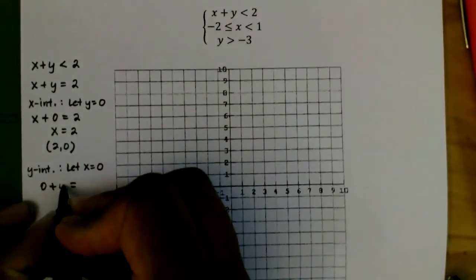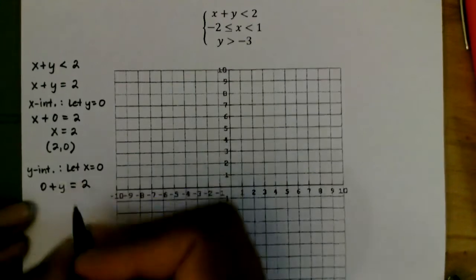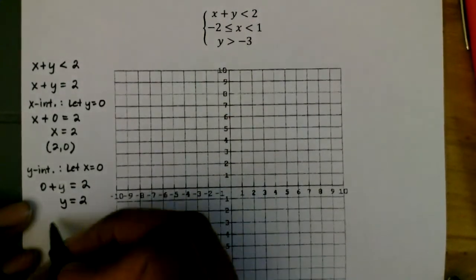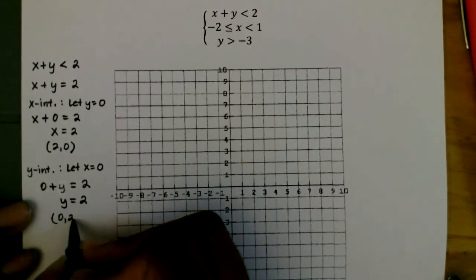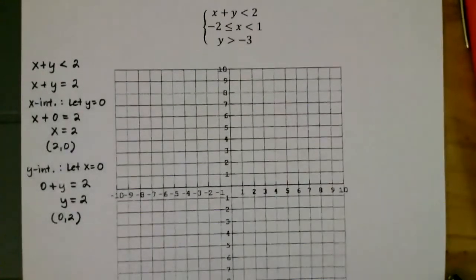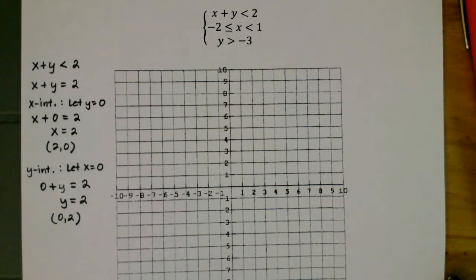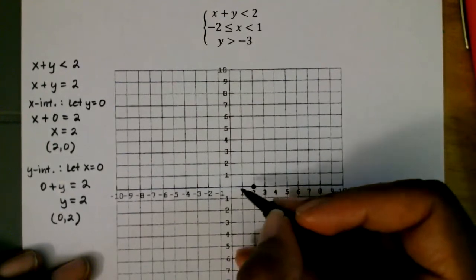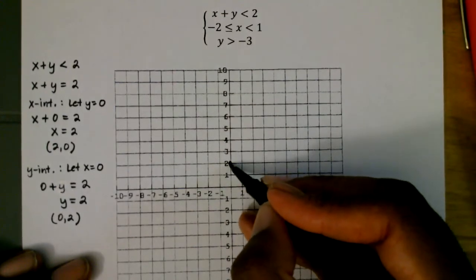So it'll be 0 plus y is equal to 2. Well, 0 plus y will be y, so y is equal to 2. So the ordered pair 0, 2 is your y-intercept. Okay, I'll plot those on the coordinate plane. 2, 0 will be on the x-axis. 0, 2 will be on the y-axis.